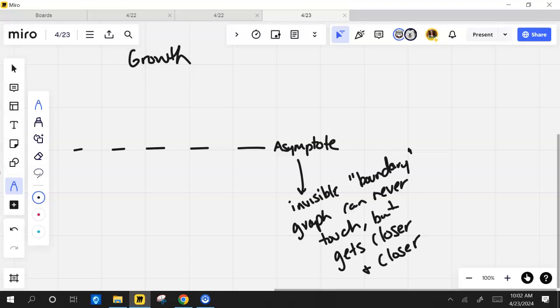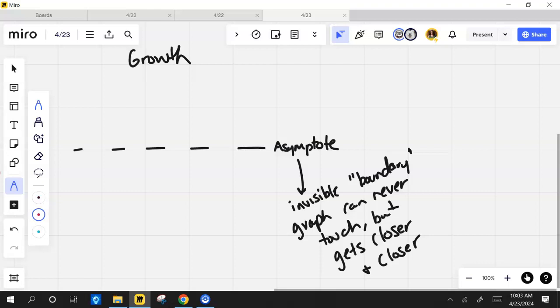Half. Divided by 2 again. Divided by 2 again. We could go on forever and ever, but we're never actually going to reach it. Right? 0 would be the asymptote. Does that make sense? So you can hug it, but it never actually touches.